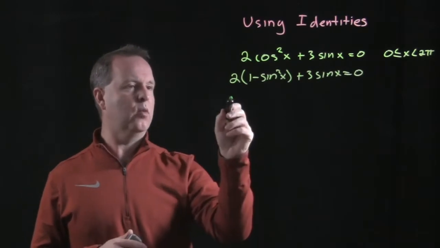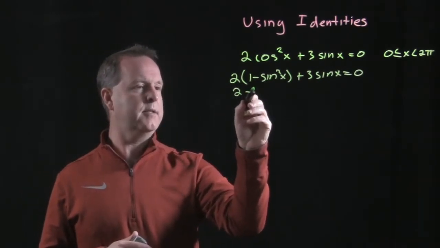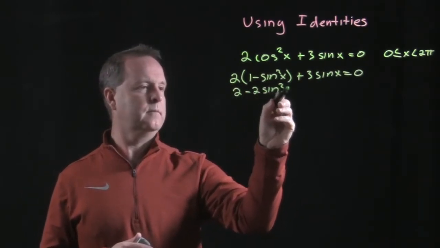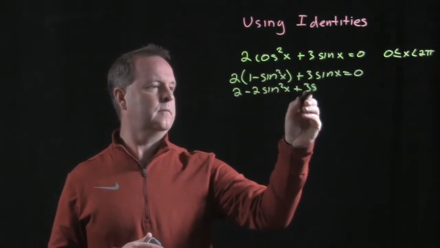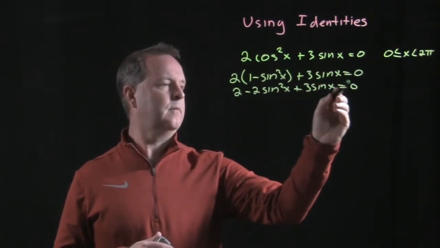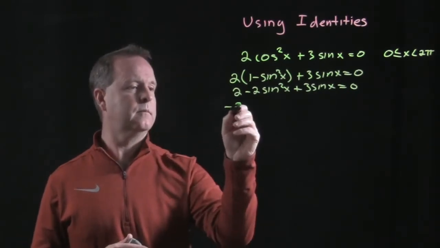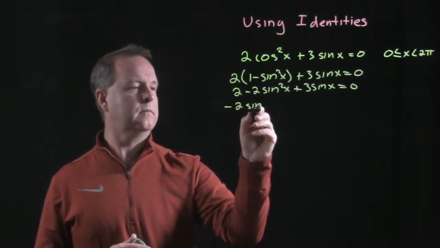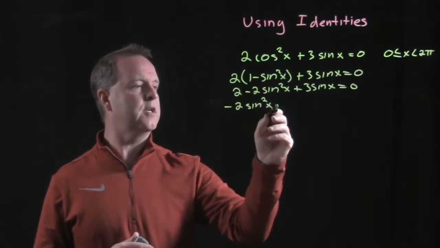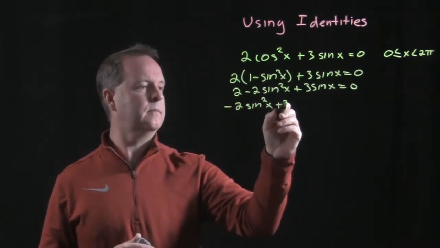From there, let's just do some work for a while. 2 minus 2. Looks like I have an emerging quadratic to move towards. So I'm just rearranging the terms in quadratic form.